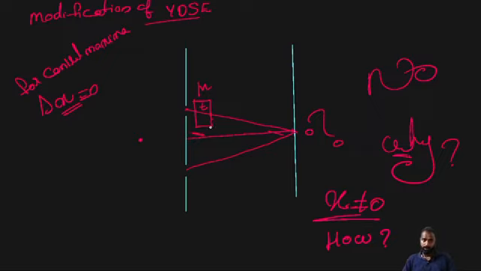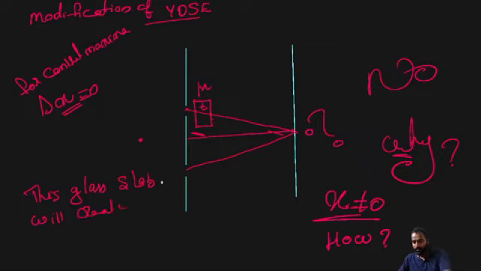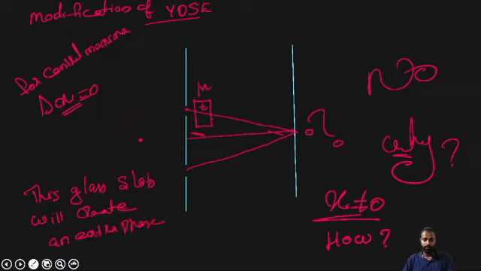This glass slab will create an extra phase shift of mu minus 1 t.